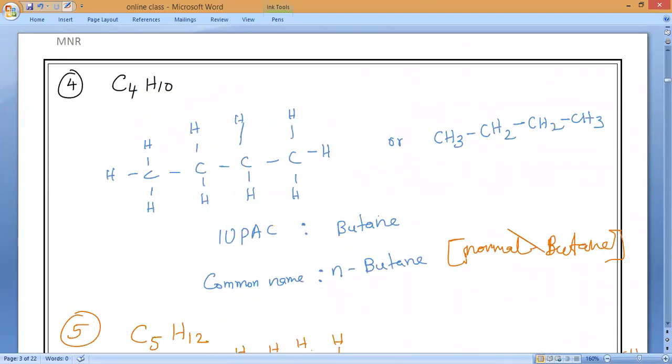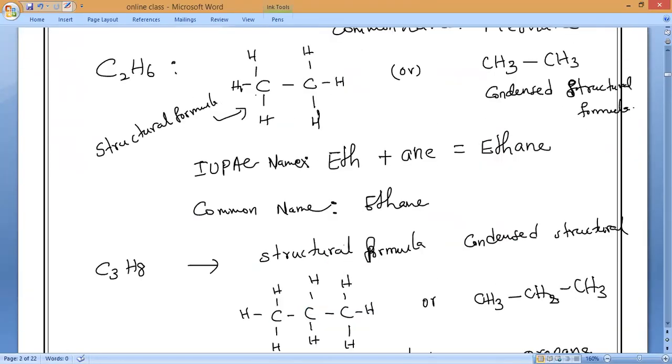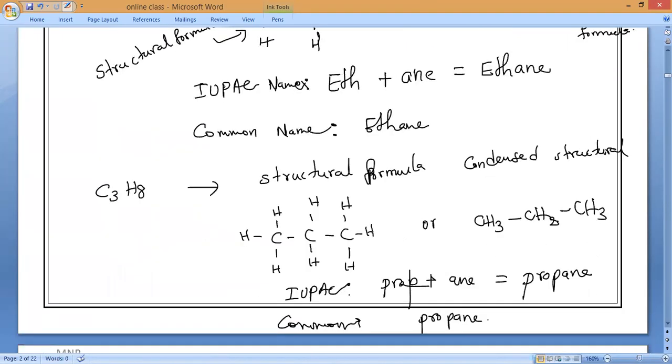I am not writing N for methane, ethane, and propane, but I am writing N-butane from butane onwards. Because if you want to form a branched chain, the minimum number of carbons required is 4. Are you clear what I'm saying? So that is the reason.